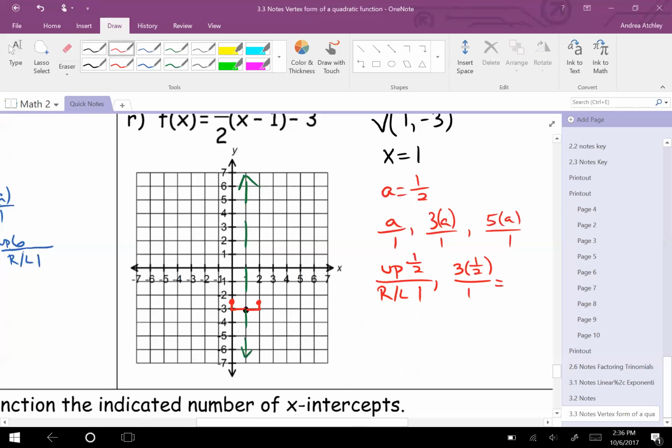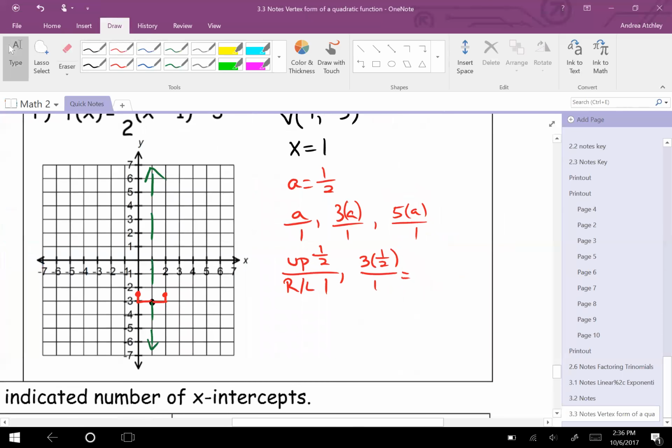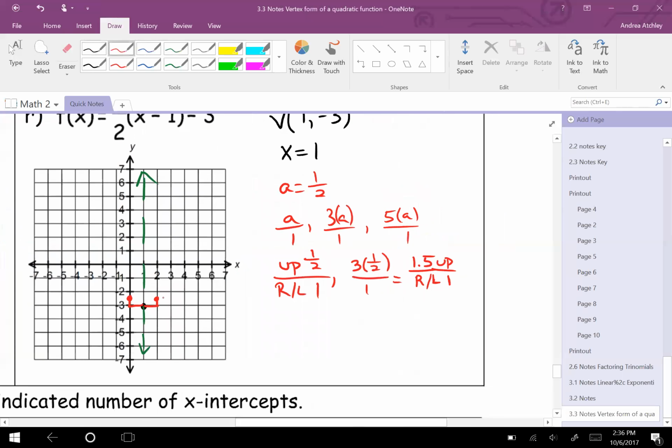What's half of 3? 1.5, however you want to put it. If you're not sure, plug it into your calculator. So this is up 1.5 and then still right and left 1. So I'm going to move to the right 1 and up 1.5. So here's half and here's 1, 1.5. Move it to the left 1 and then up half and then the whole 1.